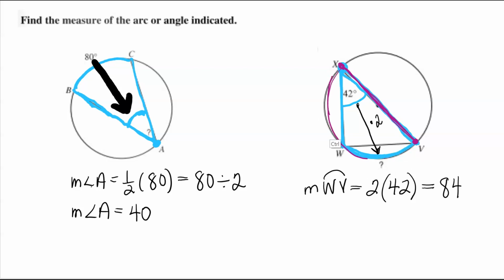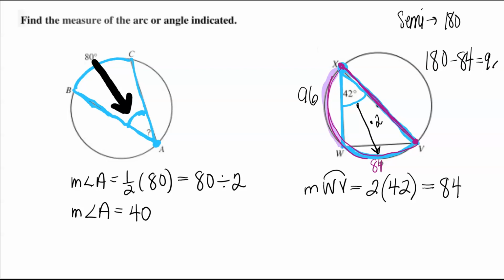So if we know that this blue arc is 84, we could actually end up figuring out what the rest of this is by subtracting 84 from 180, because a semicircle is 180 degrees. So you would do 180 minus 84, which leaves us with 96. That would be this purple portion, arc XW. It's not a part of the problem, but I figured I would mention it. 2 more.